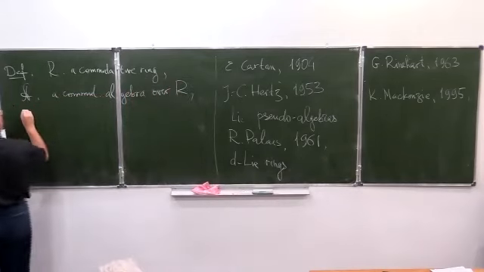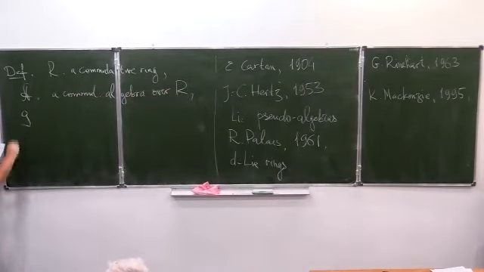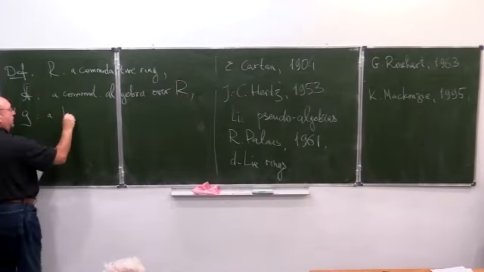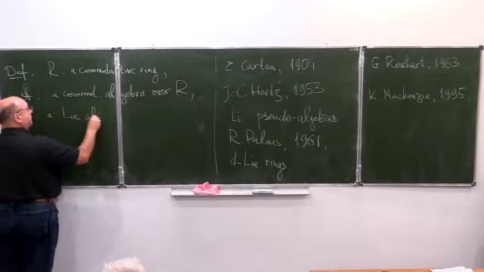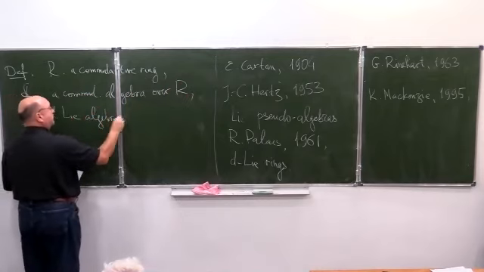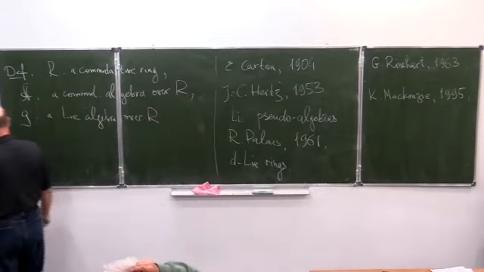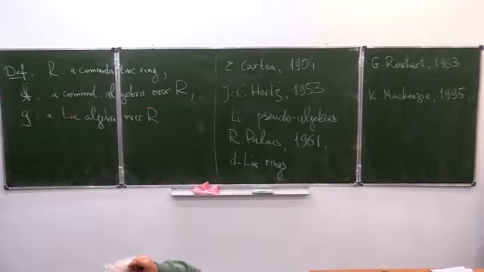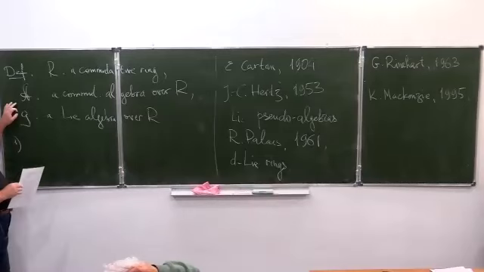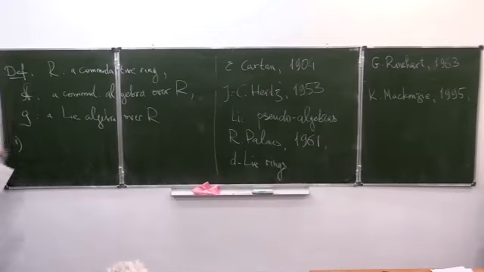And let fraktur g be a Lie algebra over this ring. Suppose there are defined two structures, two maps. The first, the structure of a left A module on this Lie algebra.